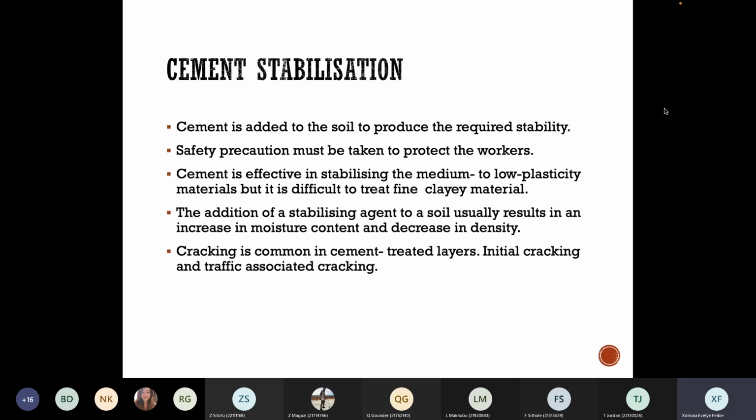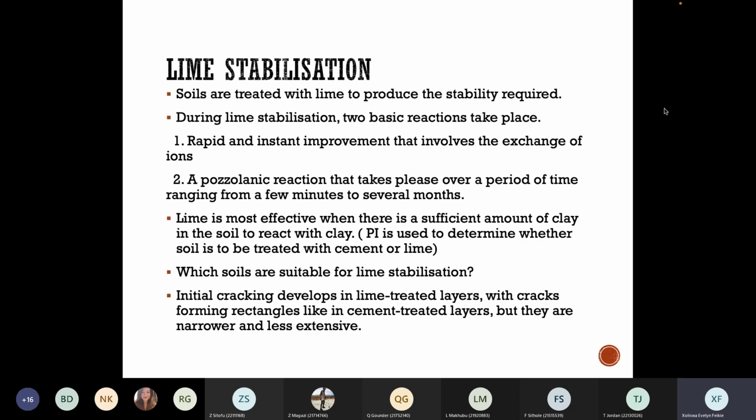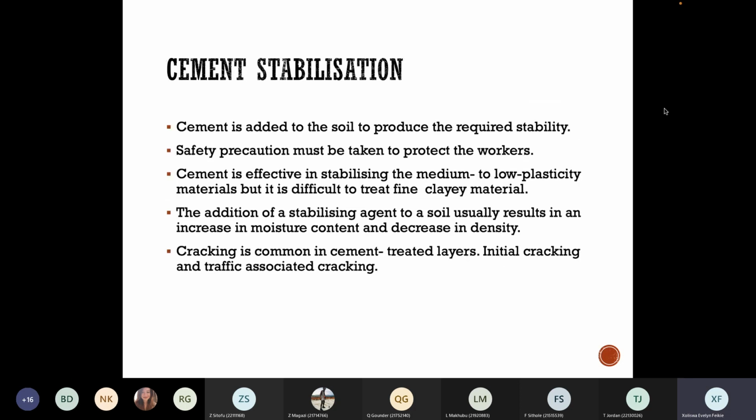So specifically, when it comes to cement, they focus on medium to low plasticity material. But they tell you that if you were to use cement as a stabilizing agent, you will have a problem with clay material, right? But things like cracking, they will happen.